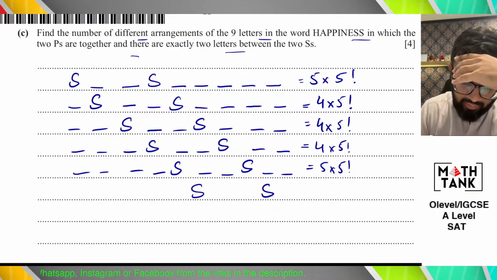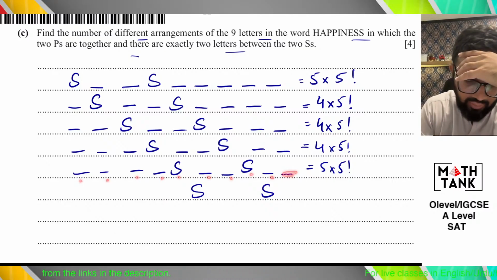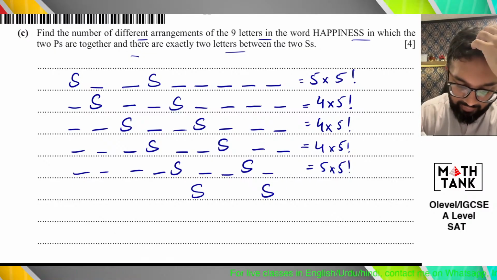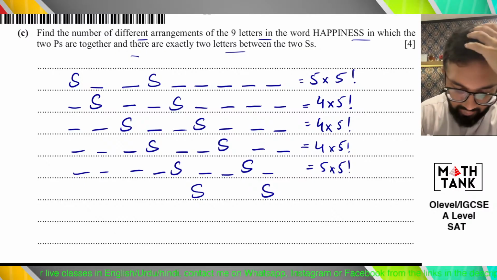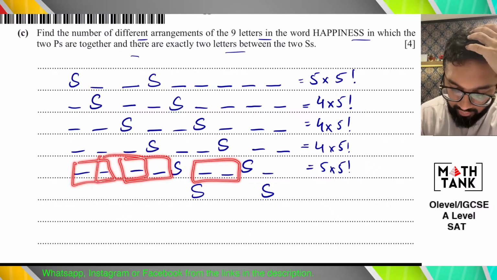Wait. 1, 2, 3, 4, 5, 6, 7, 8, 9. An extra one. Yeah. Just need to be careful about this. So 1, 2, 3, 4.